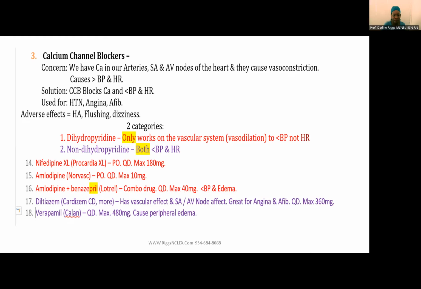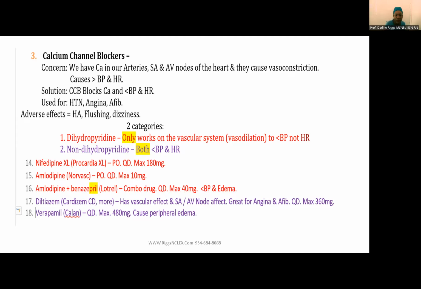Okay. So you see why in Next Gen you would get the chart with the client's vitals. And you need to pay attention if you have a hypertensive client with a normal heart rate. So if they're hypertensive with a normal heart rate, you're going to see nifedipine, amlodipine, right?